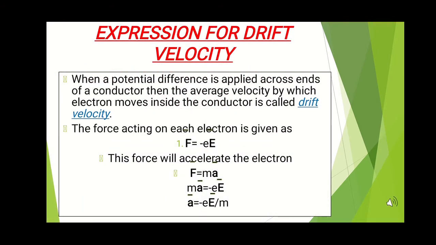So the first expression is for the drift velocity. First we understand what drift velocity is. Whenever a potential difference is applied across the ends of a conductor, one end becomes positive, that is high potential, while the other end becomes negative, that is low potential, and the electrons move from the low potential to the high potential.